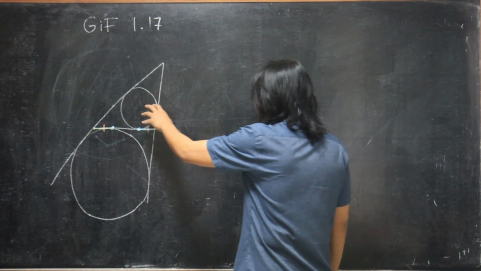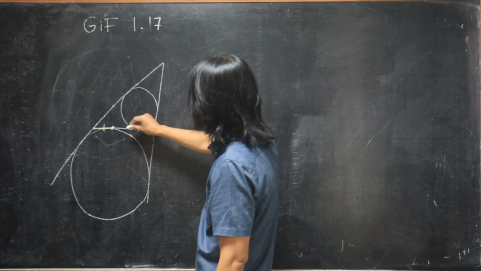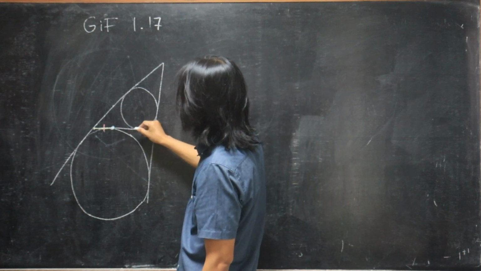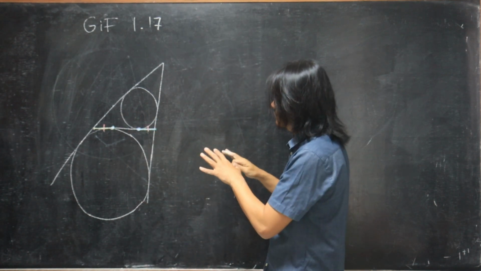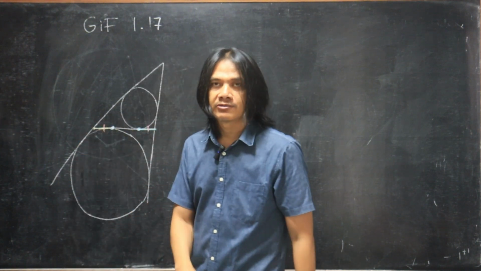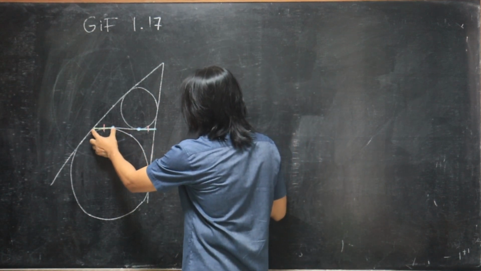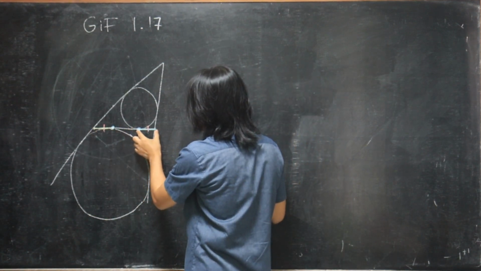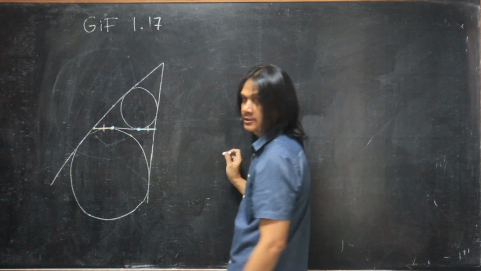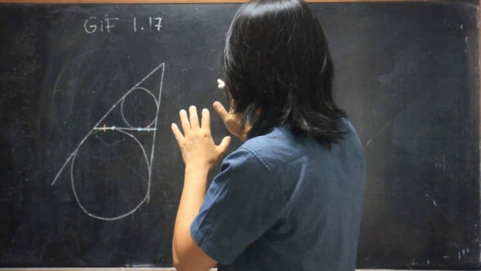If we have an incircle and an excircle like that, and those two points are the points of contact between the circle and the base of the triangle, we claim that the length of that segment must be equal to the length of that segment. If you want to try, go ahead.